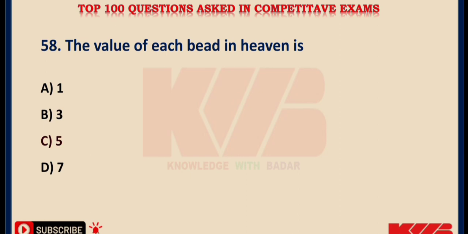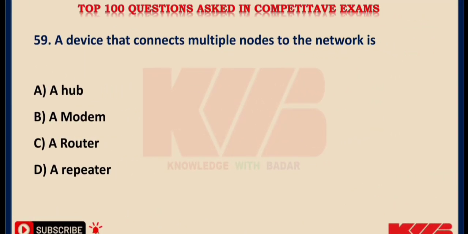And the value is 5. A device that connects multiple nodes to the network is a hub, modem, a router, or a repeater. Yes, it's a hub that connects multiple nodes to the network.